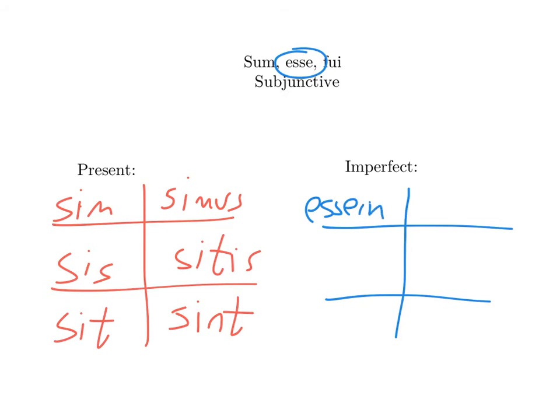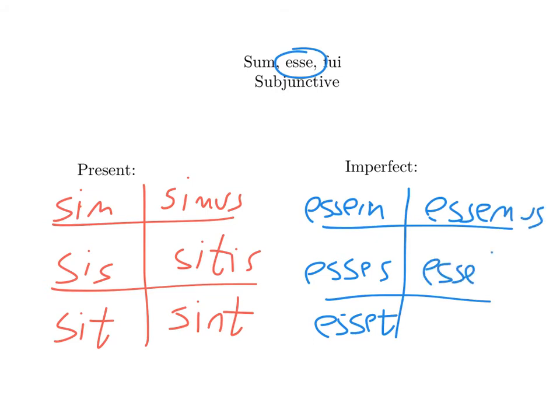M, S, T, mus, tis, nt. So notice, we just took the infinitive, esse, plugged it in and added m, s, t, mus, tis, nt. That's it. That's all it is. That's the imperfect of to be.